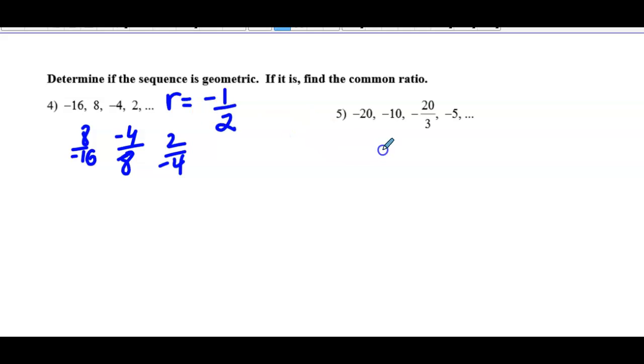On this one, it's much harder to see. You could say negative 10 divided by negative 20 is a positive 1/2. So here they multiplied by 1/2. But it's pretty obvious to me they did not multiply by 1/2 here or here. Okay, so this is not working.